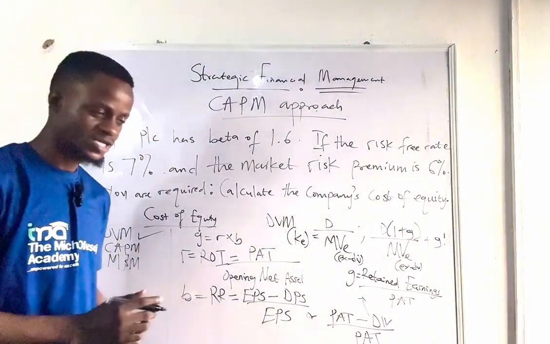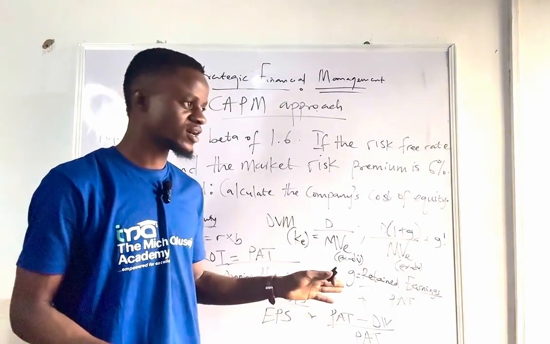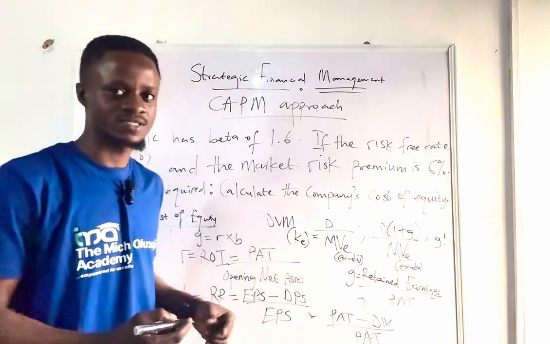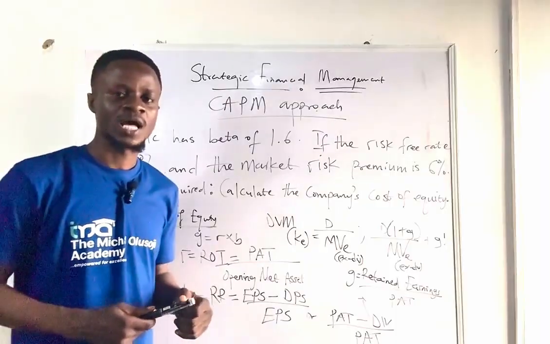Can you see that now? It could also be net income minus dividend over net income. It's saying the same thing, right? So that is that. But today we are going to CAPM approach.